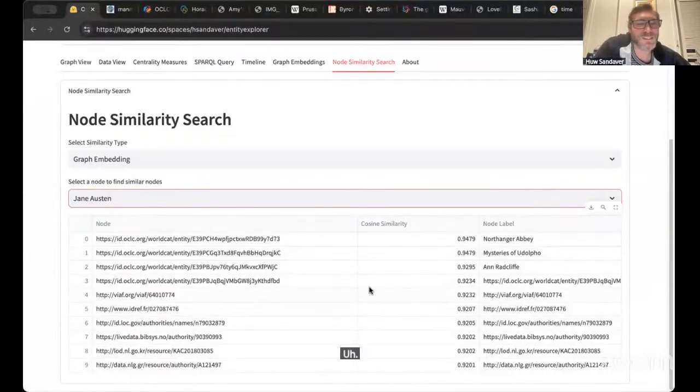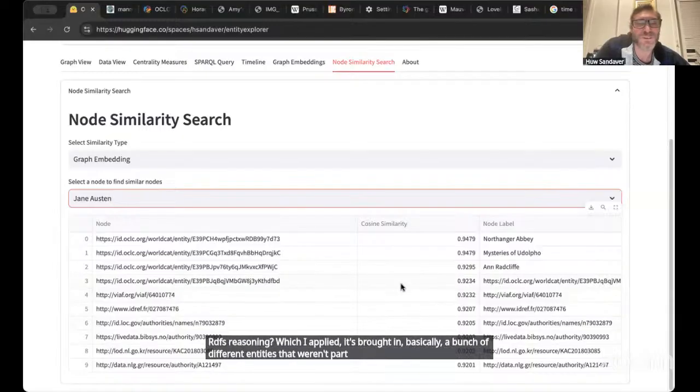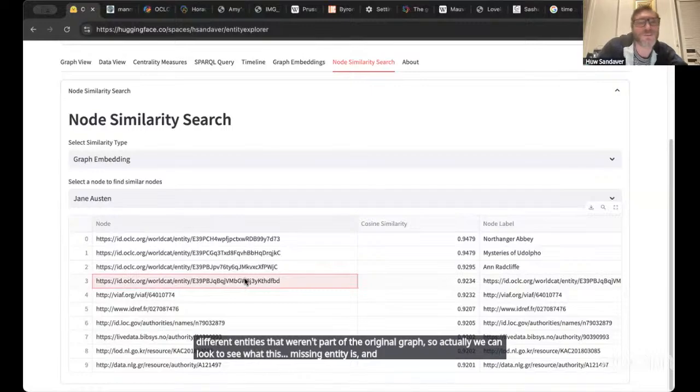These entities you see here came in actually from RDFS reasoning, which I applied. It's brought in basically a bunch of different entities that weren't part of the original graph. So actually we can look to see what this missing entity is and see if we can find its relevance.